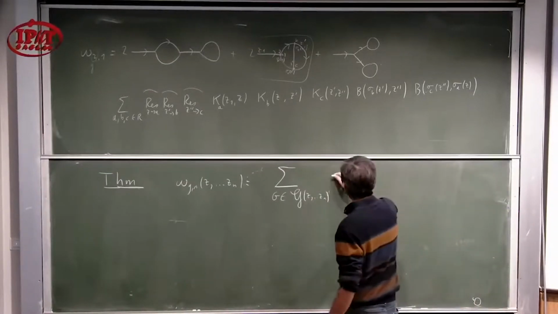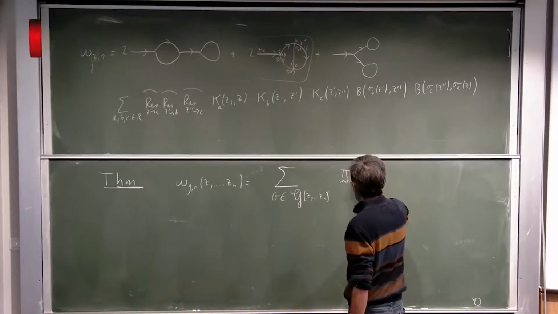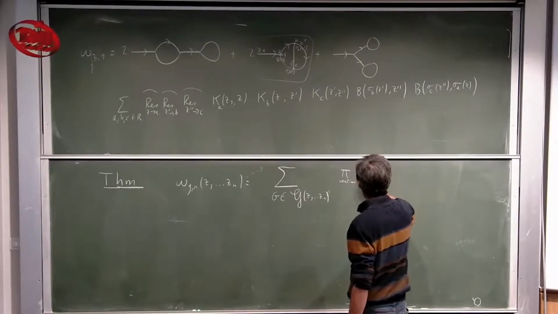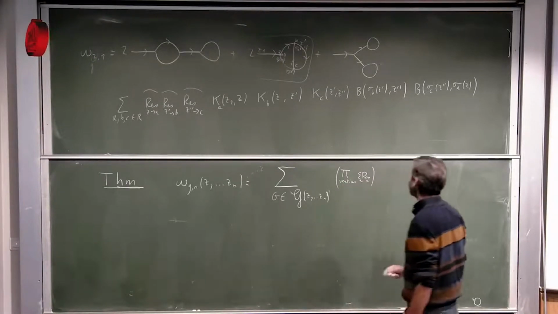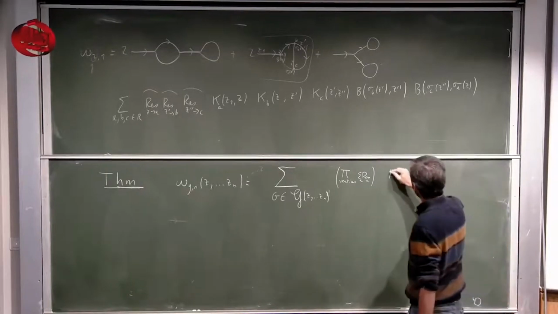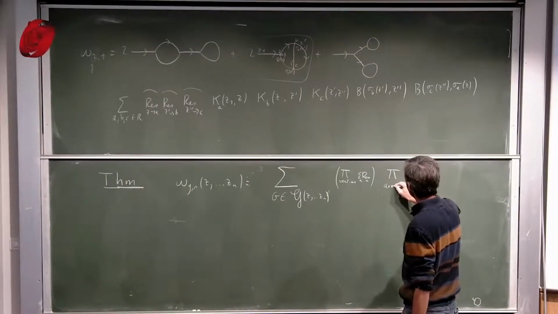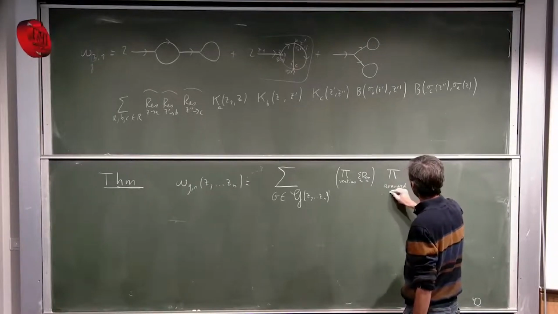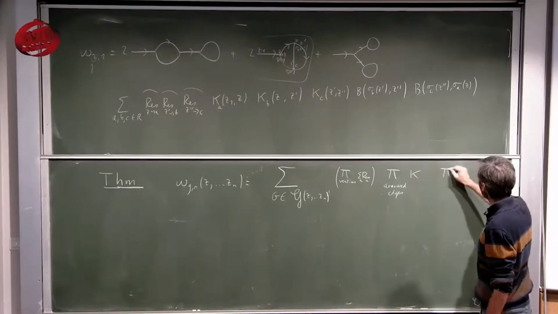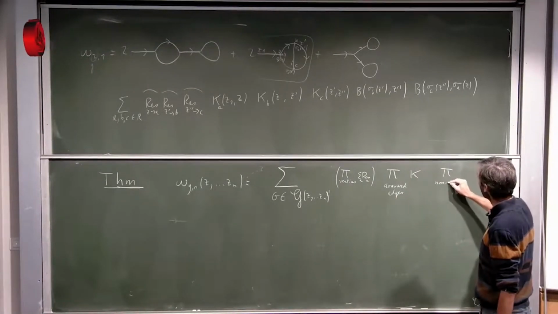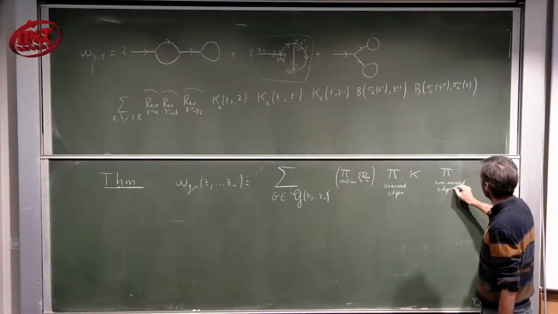But you have the product at vertices of residue sum over A, residue at A. Product over arrowed edges of the K, and product over non-arrowed edges of the B.